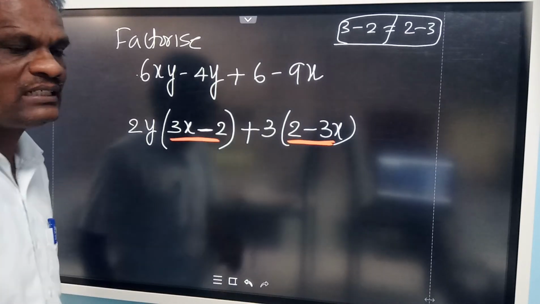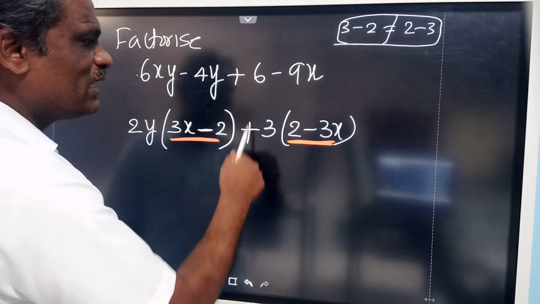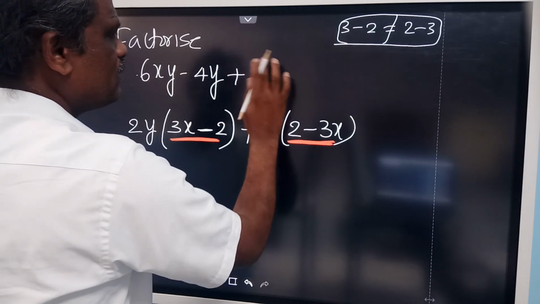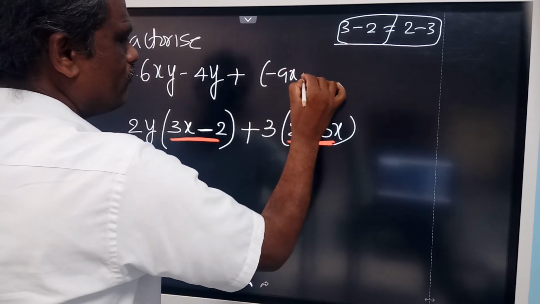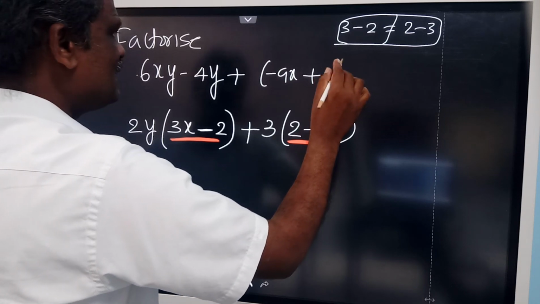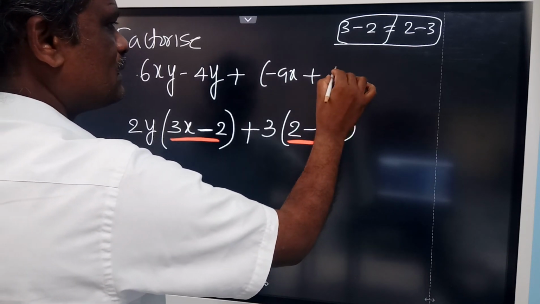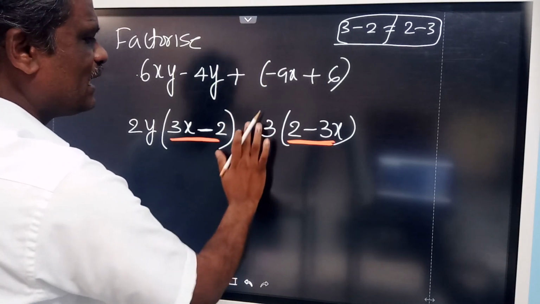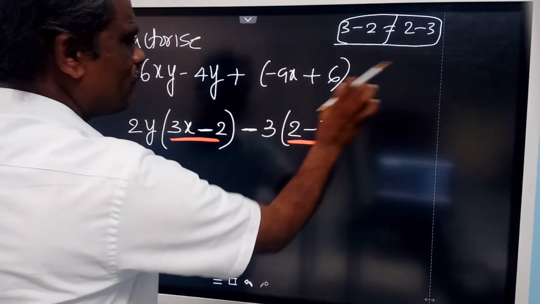Now how to make this equal? Instead of writing like this, first write minus 9x plus 6. Now you take minus 3 common. What happens now?